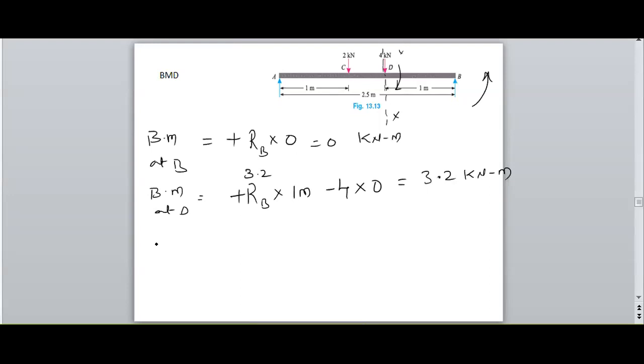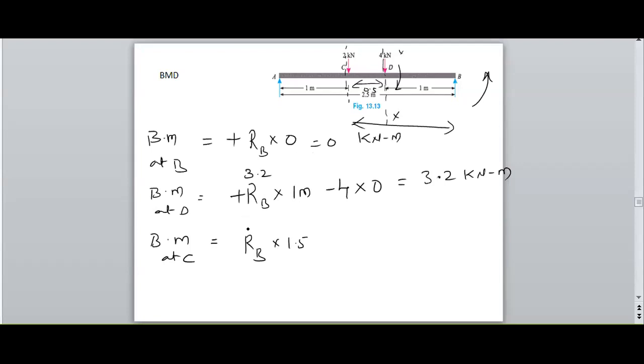Next, the bending moment at C. Now my section is at C. So we have three forces, RB, 4 and 2. RB is the first force, and its perpendicular distance from C is 1.5, since the distance between C and D is 0.5.